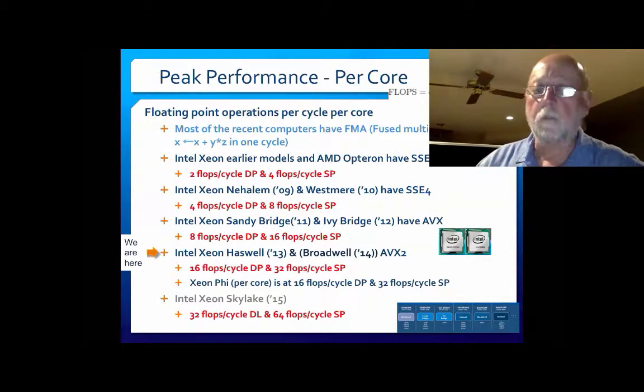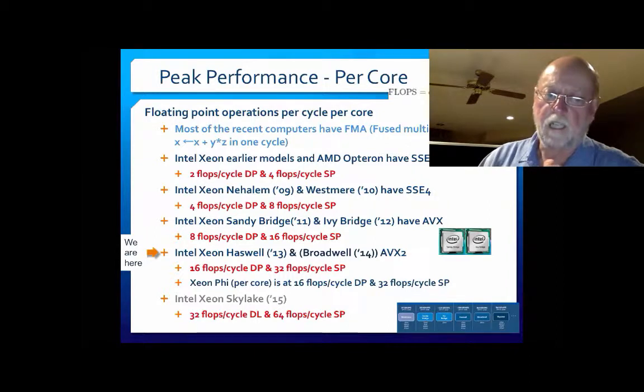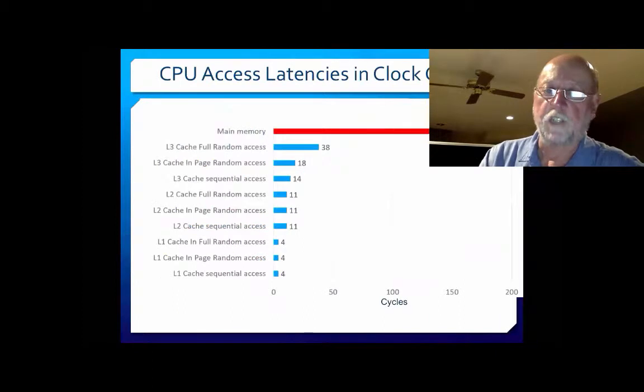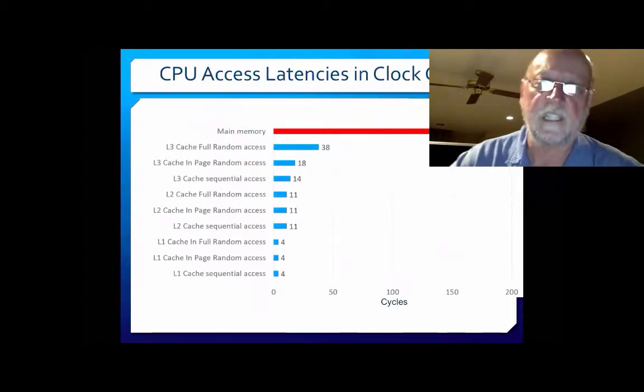So we have this incredible floating point rate, but we really haven't done much to enhance the data movement part. And this is going to continue next year with Skylake, at the end of this year, I guess, if it comes out: 32 floating point operations per cycle. So we get incredible floating point execution rates, but things are really starved in terms of getting the data to the processor.